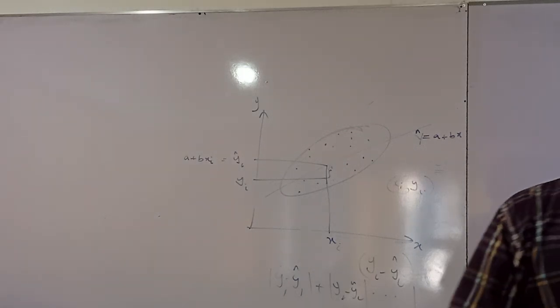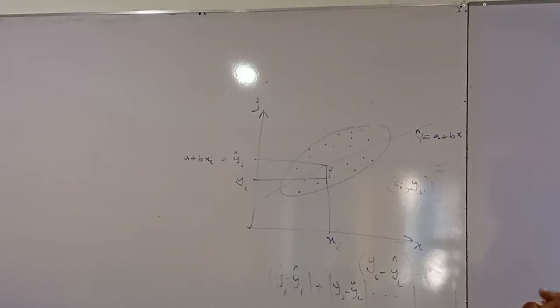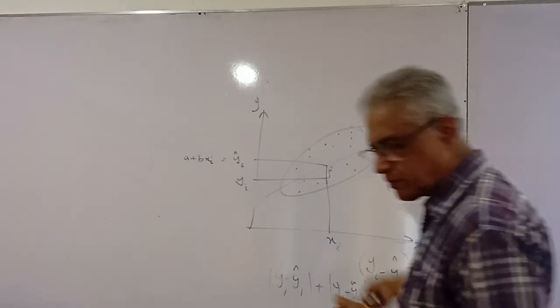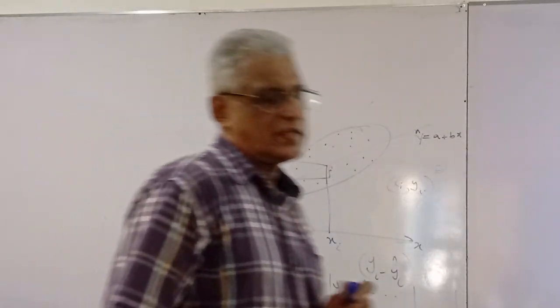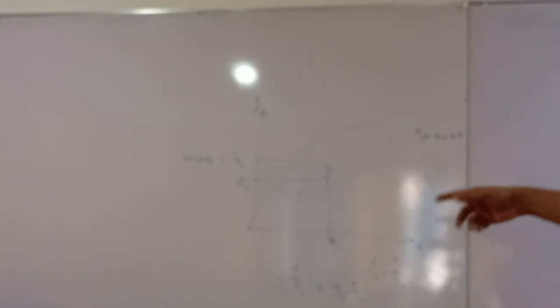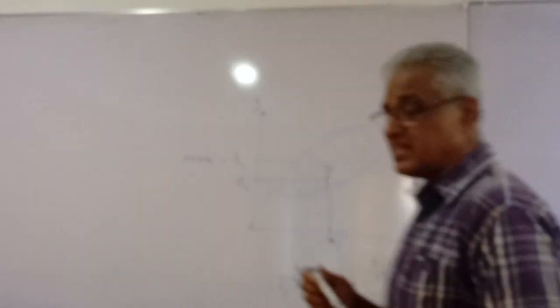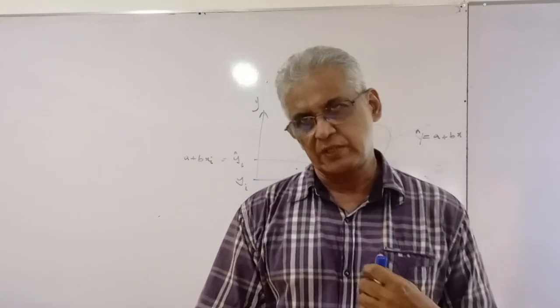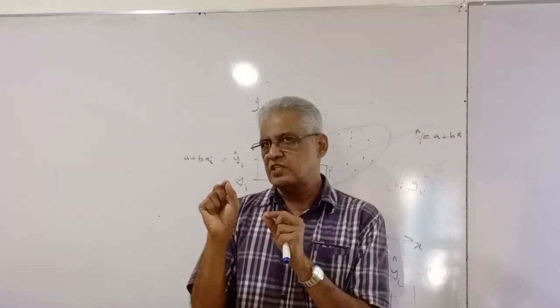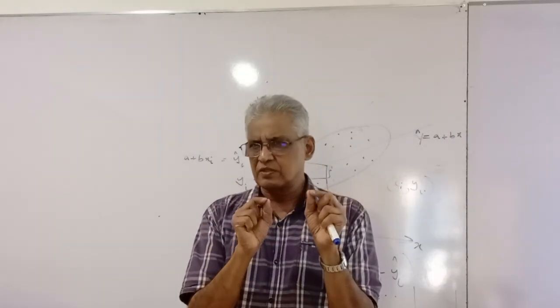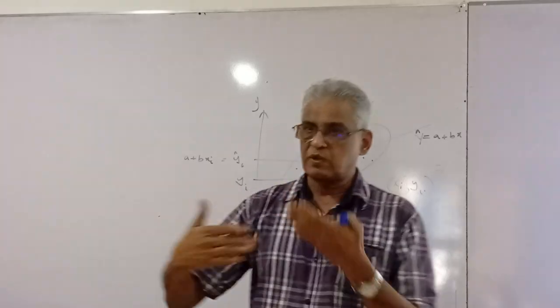That's a good method, but again, as I explained in the previous class, it is not what we do in practice, because mathematically it is going to be a little bit difficult. The other thing is that people have found that the line that comes from this criterion is something called unstable. That means even if you change one or two points, the line changes by very much.